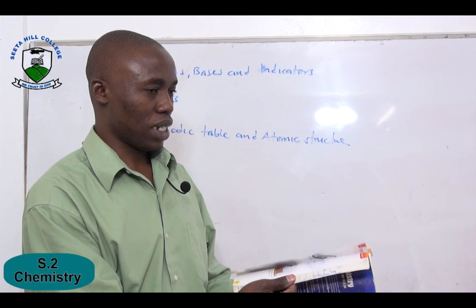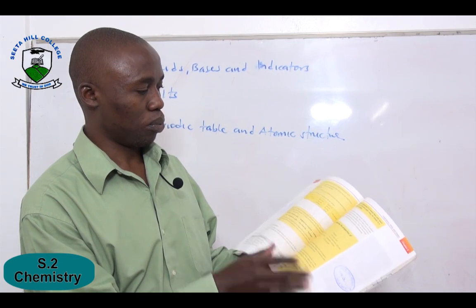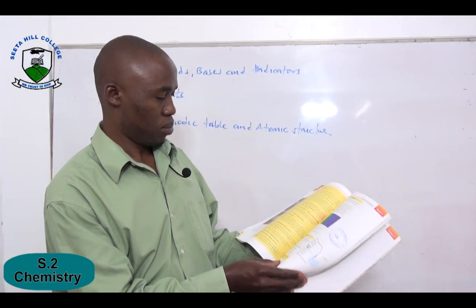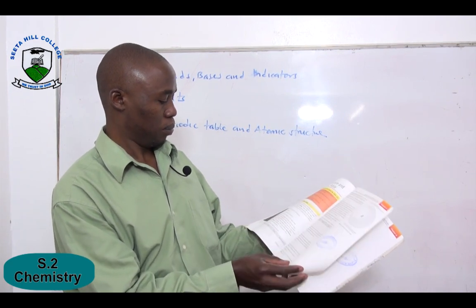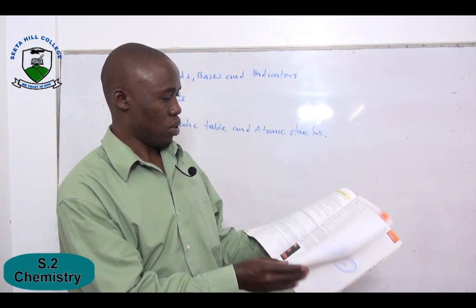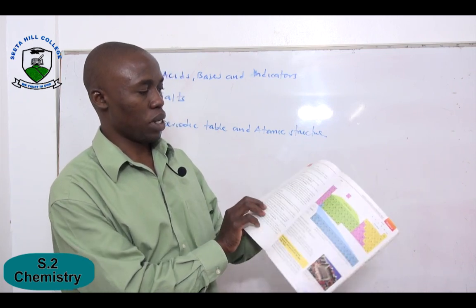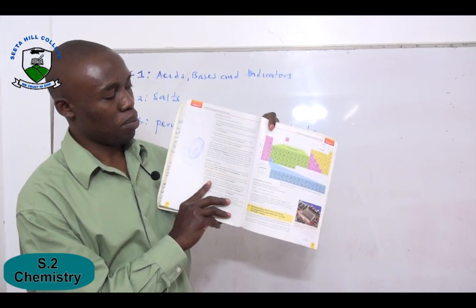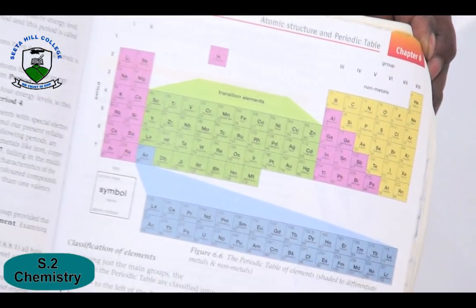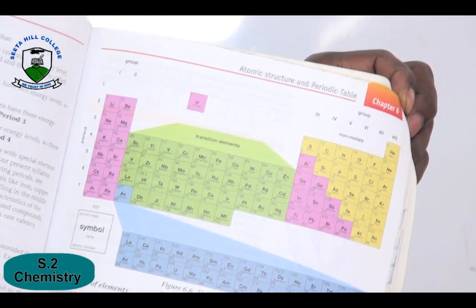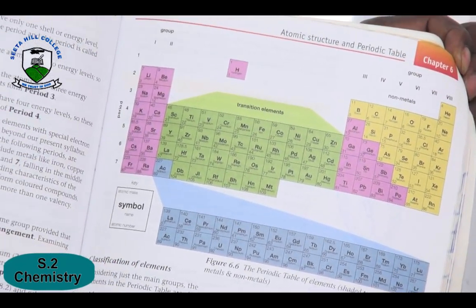We are going to basically go to that part of the periodic table which is on page 105. That periodic table will be very, very helpful to us in breaking down the periodic table.